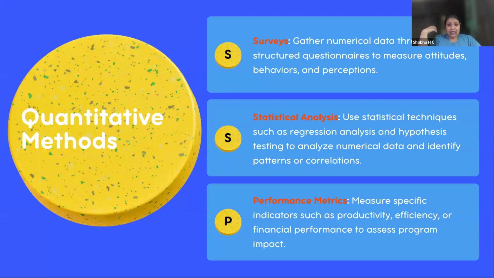Statistical analytics. You will use statistical techniques like regression analytics, hypothesis testing to analyze the numerical data and identify patterns. Program performance metrics also, where you measure specific indicators such as productivity, efficiency, or financial performance to assess the program impact. So these are all quantitative methods.